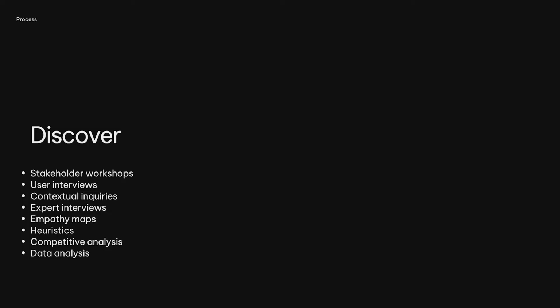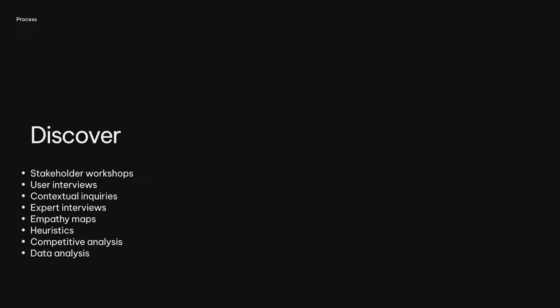But really asking these experts anything you can think of so you can fill in the gaps of knowledge that you might have. Other things like empathy maps from the user interviews, plotting down how users feel at different points of the experience. Heuristics, understanding how the usability works.